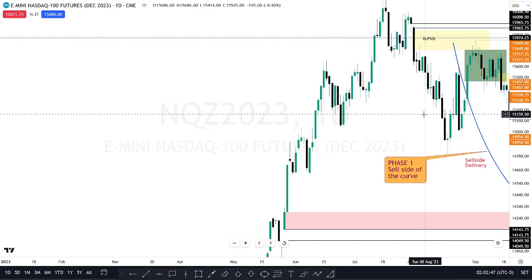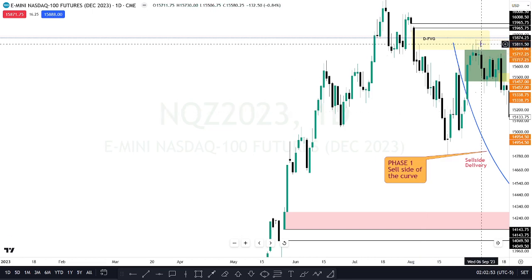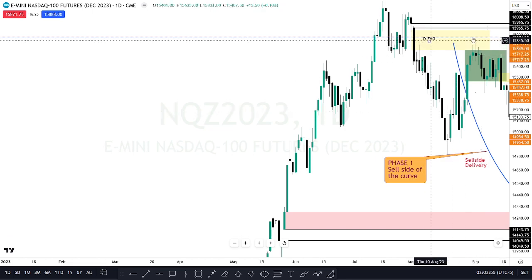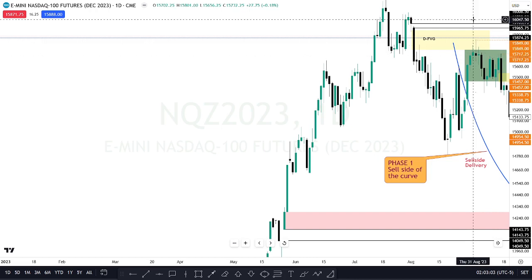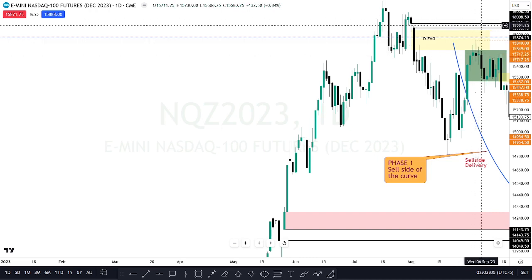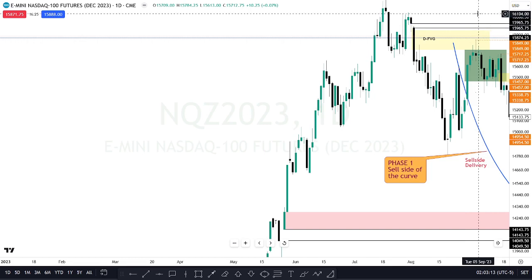Let's just say I see this consolidation, but you might not even expect it to be that consolidation, because for me, this is a second-hand fair value gap. On a second-hand fair value gap, I might also expect the price to violate this and just go to this, because this is a point of interest. I have a liquidity void right here, volume imbalance, I mean to say right here.